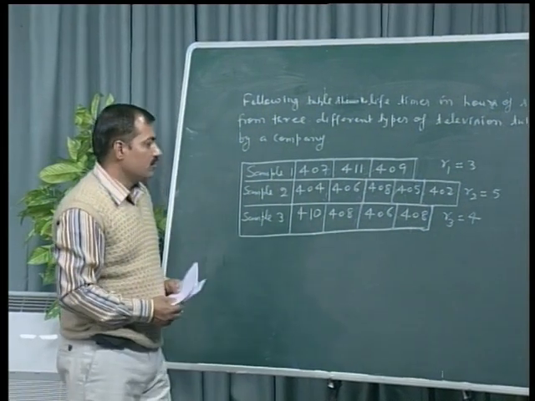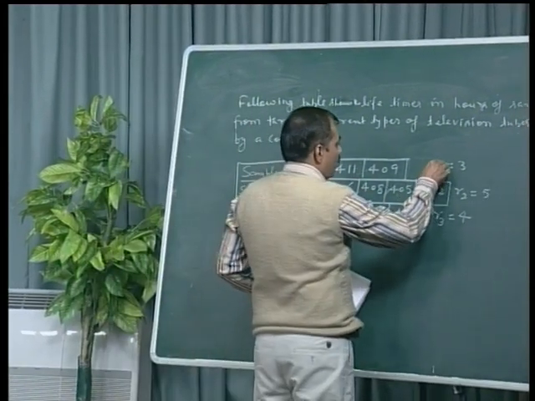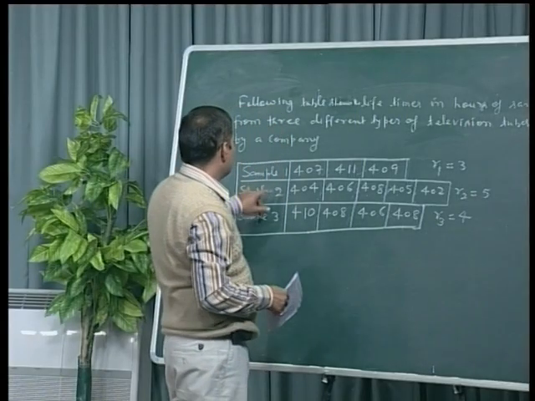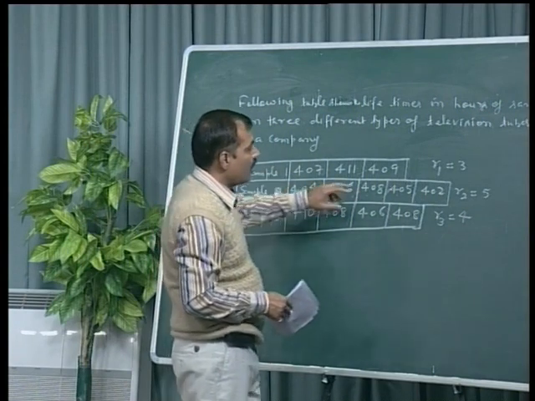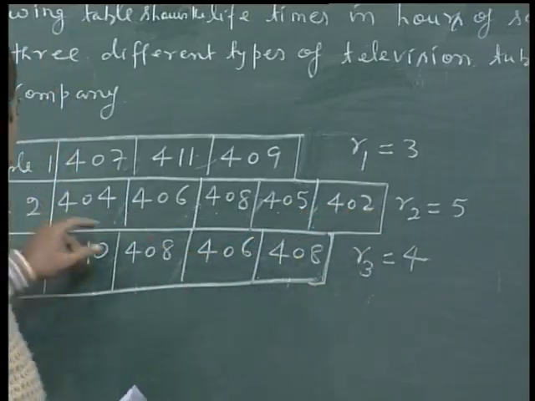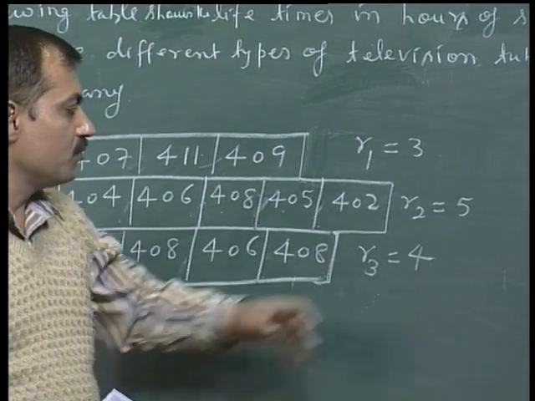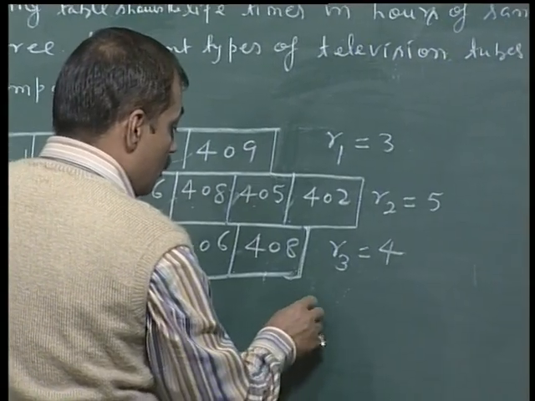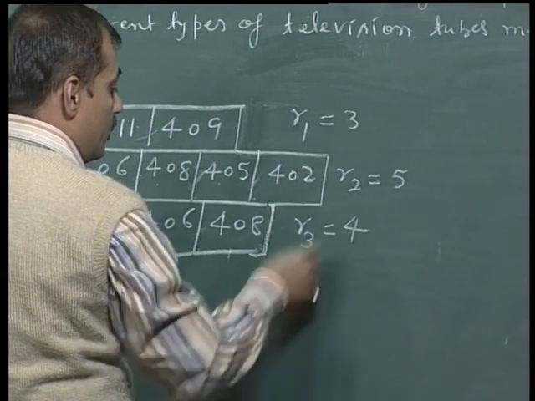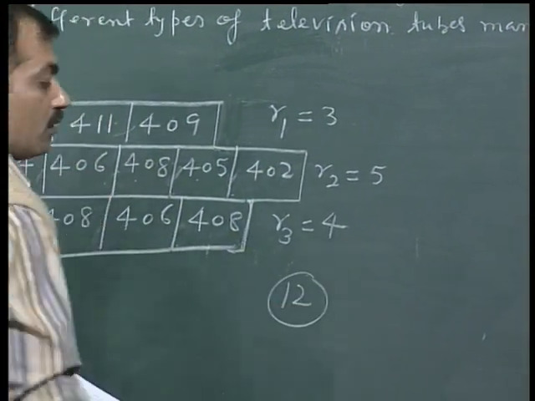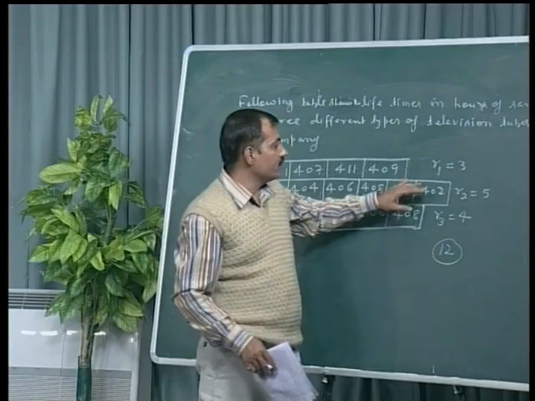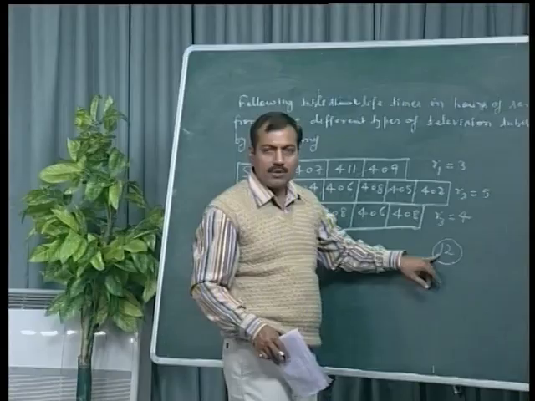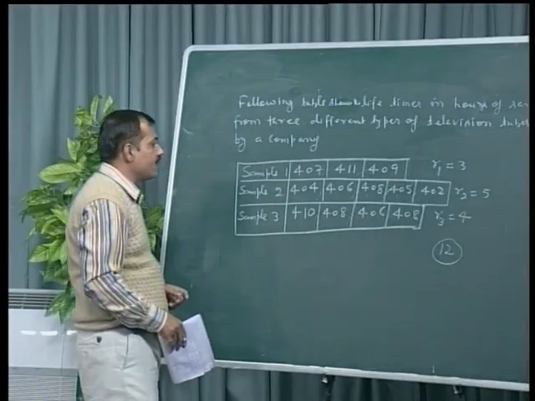So this is the case when the number of plots is different for different treatments. The total is 3 plus 5 plus 4, which is 12. So in CRD there is freedom that R1, R2 and R3 may be different. This is one of the advantages of the completely randomized design.